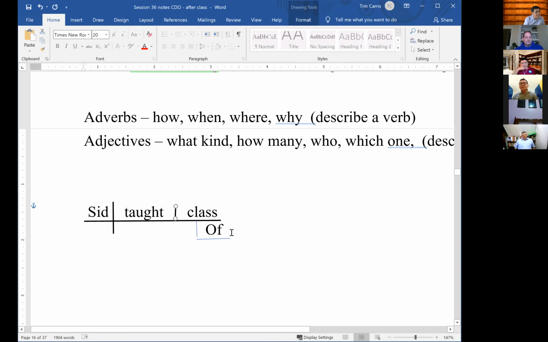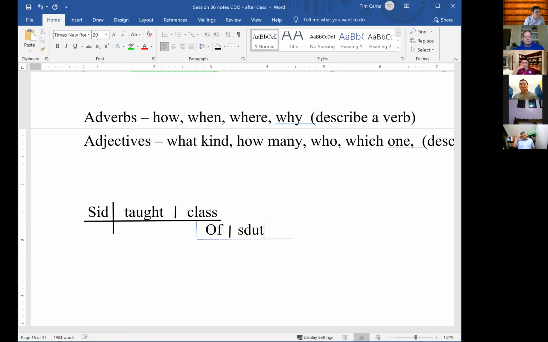So you'd have the object of the preposition here. You'd have this line come out here. You'd have students here. Then you'd have eager down here, right? Something like that. Yes, that's correct, Pastor Tim.